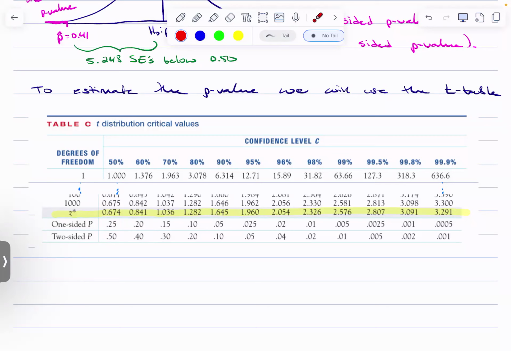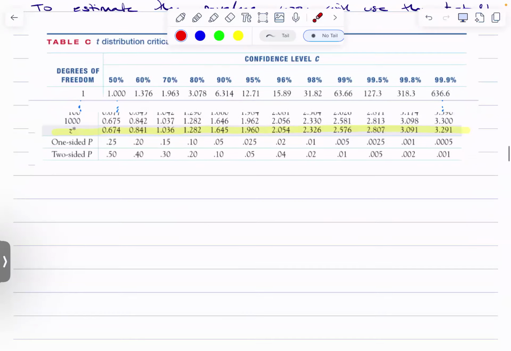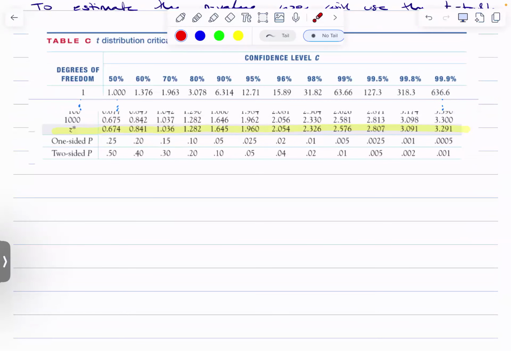So notice that there are only positive values for Z. That's because Z is symmetric. And so knowing what the area in the upper tail is, we also know what the area in the lower tail is. So there are a couple of missing components here.